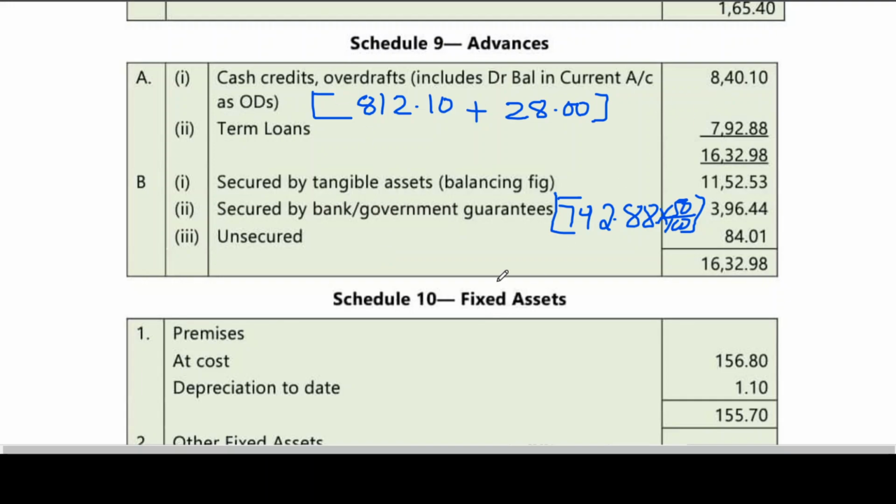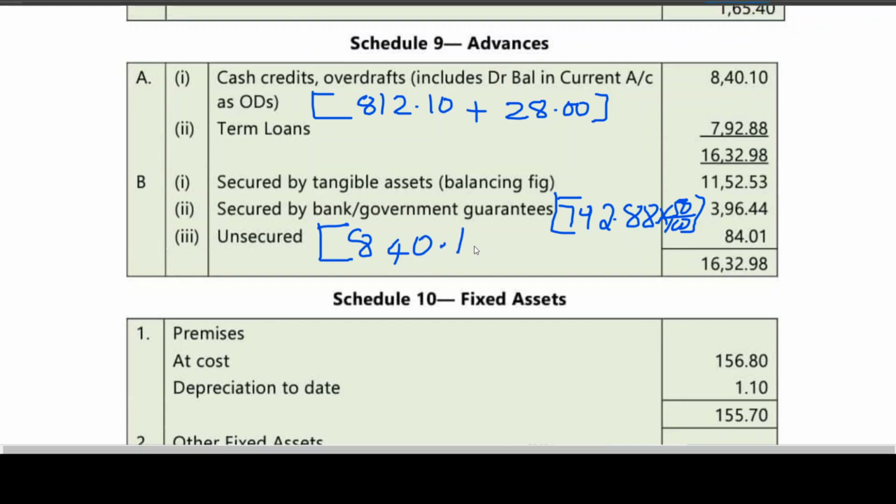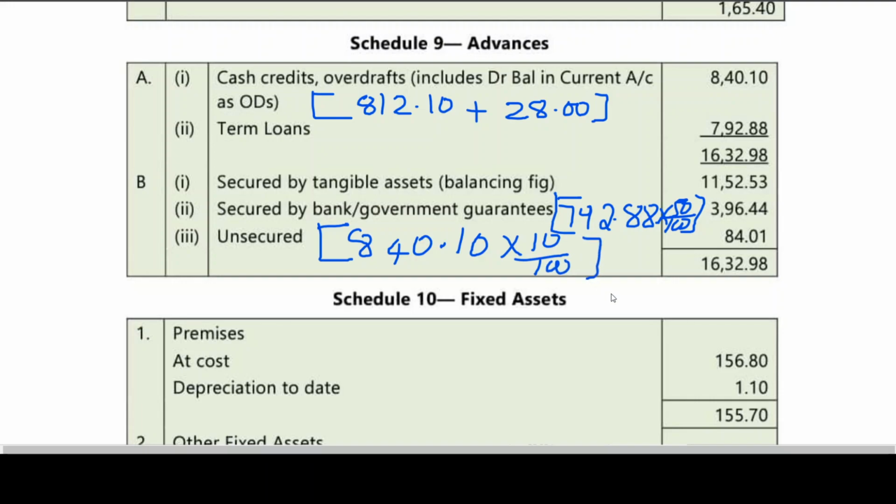Yeah, unsecured. 840 point something is unsecured, and the balance we are assuming is secured by tangible assets. Is this clear? We could also have things like priority sector, etc., but it's not there. In one problem, we have assumed that it is split into 3 parts. So this is a balancing figure.